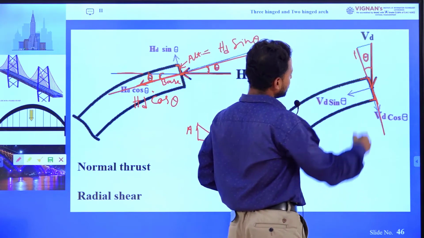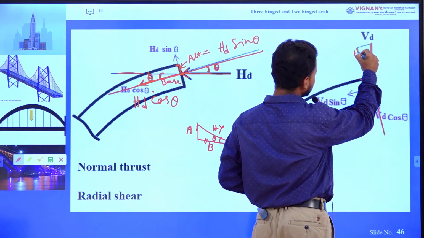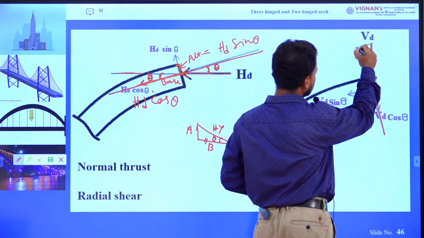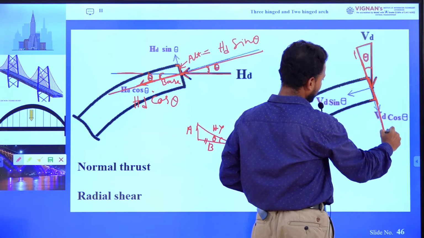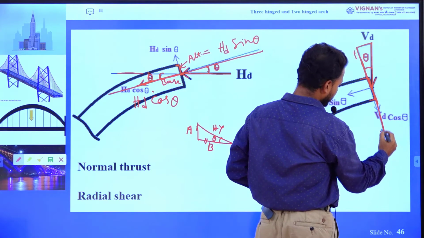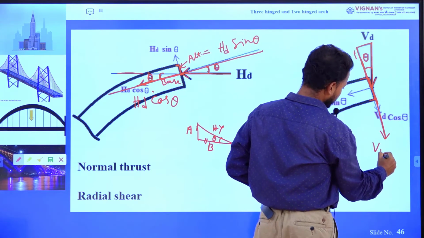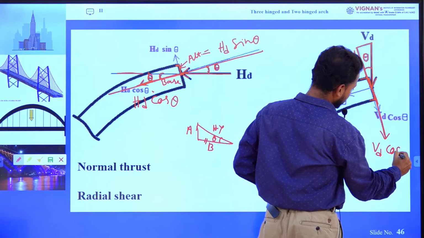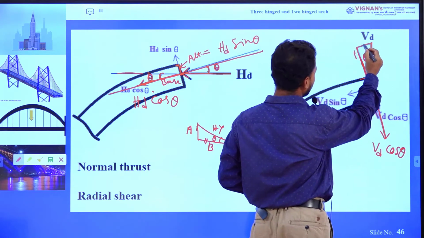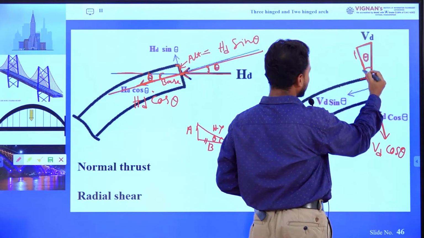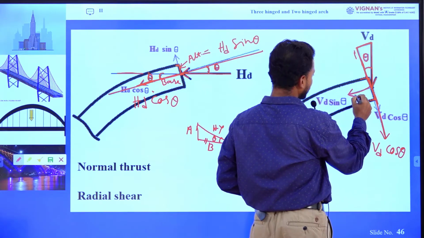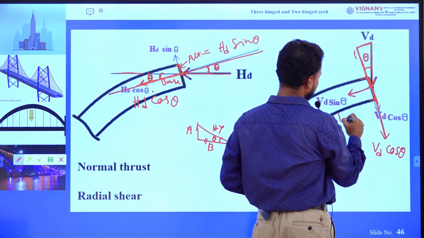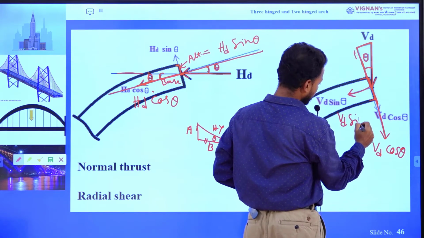Okay, so this will be the base component and this will be the altitude. So base component will always be cos component, so this component will be VD cos theta, and this component is altitude, so this component will be sine component. So this means this component will be VD sin theta.